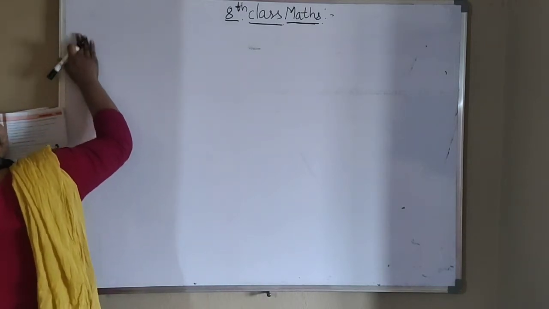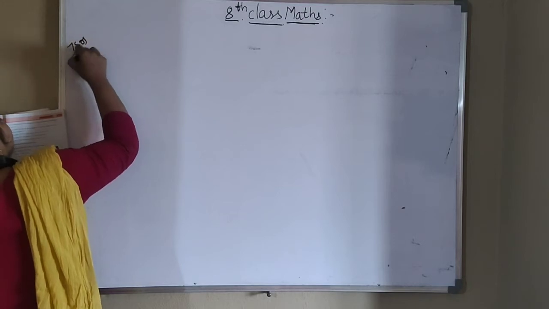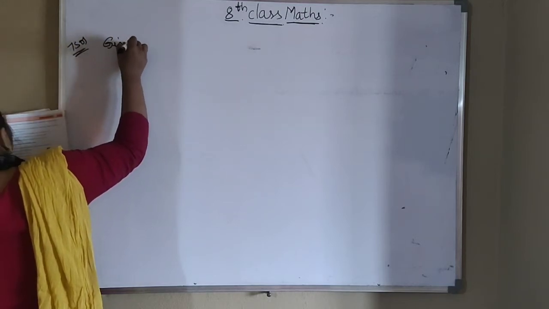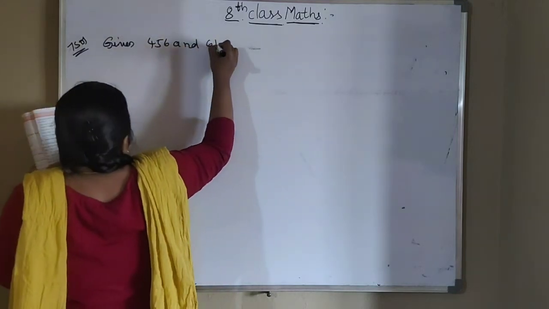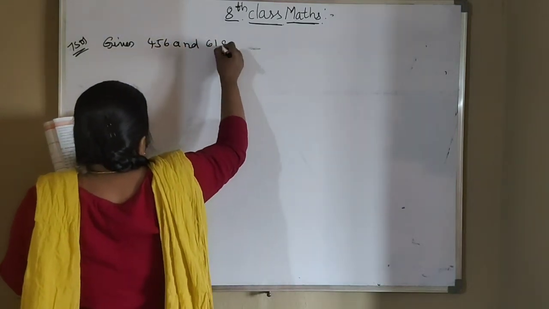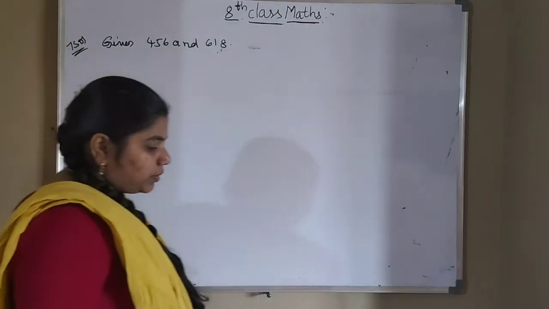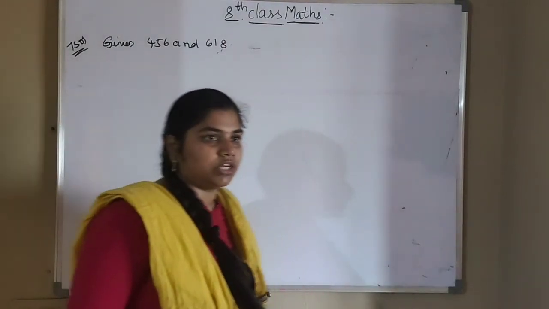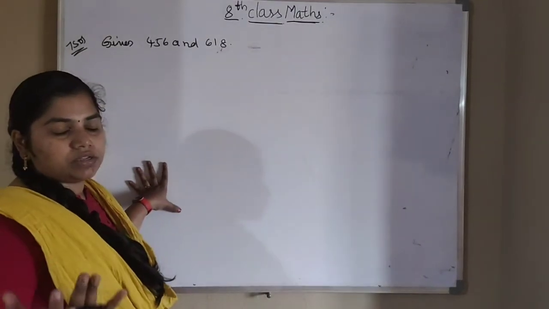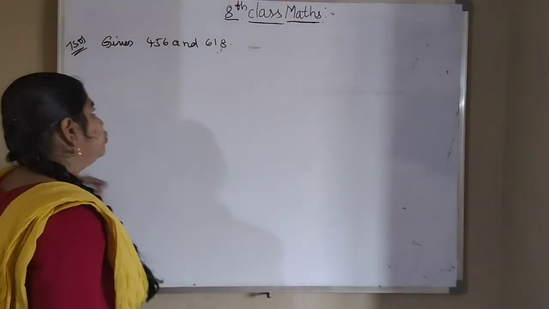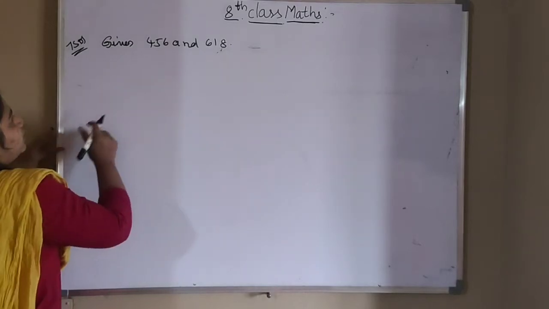So the 7th one, given 456 and 618. Whether these two numbers are divisible by 6 or not, we have to check. So what is the divisibility rule of 6? It should satisfy the divisibility rules of 2 and 3 both. So first write the conditions here.